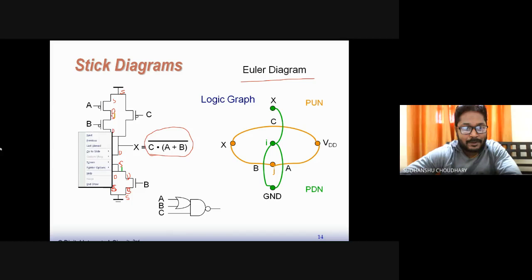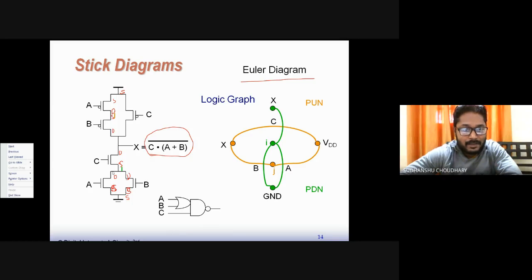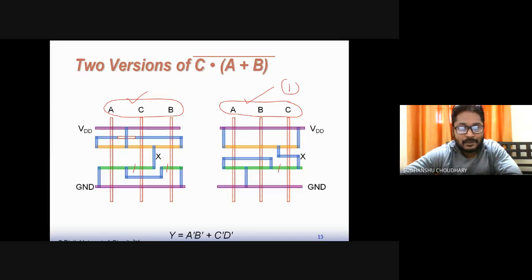For example, in these three MOSFETs C, A, B, the source of C, at this point, is connected to the drains of A and B. So source of C is connected to drains of A and B.